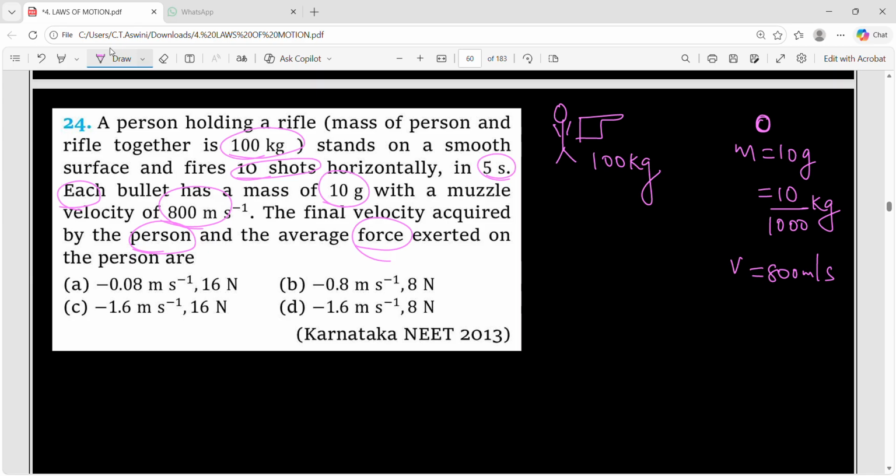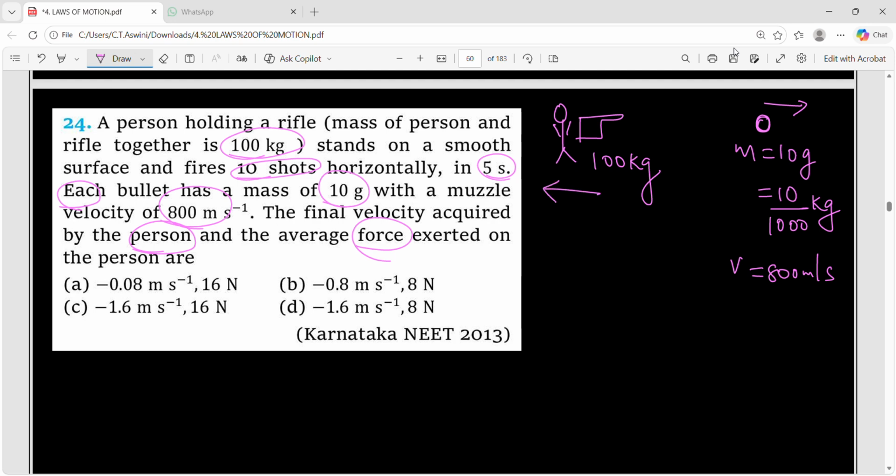That means, see, imagine, this is a practical thing. If you imagine, it will be very easy to understand. Imagine you are firing a bullet from a gun. So the bullet moves forward with some velocity v. Don't you think the hand holding the gun faces a jerk in the backward direction? Yes or no?